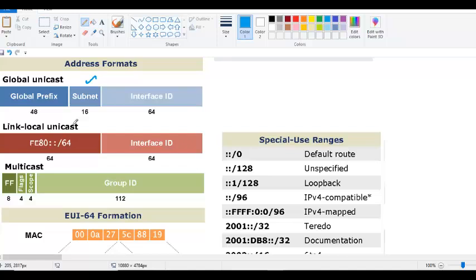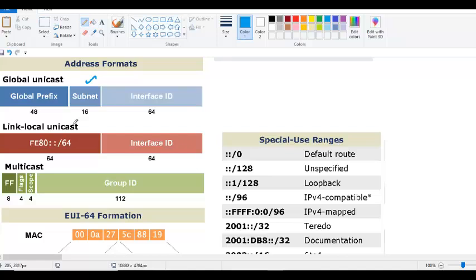In fact, the IPv6 that you're going to learn is the complete IPv6. It's not CCNA level or CCNP level, it is complete. Subnetting in IPv6 is easy. It won't take much time. It's not like IPv4 subnetting.